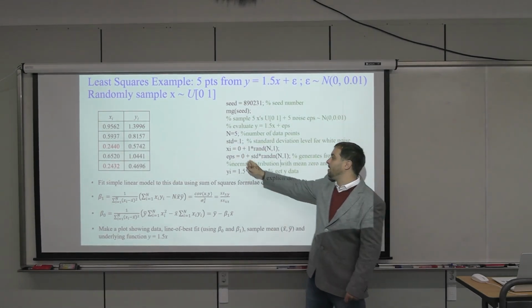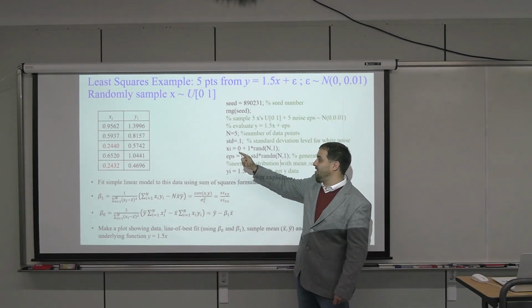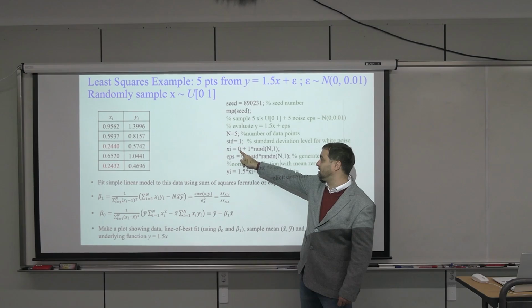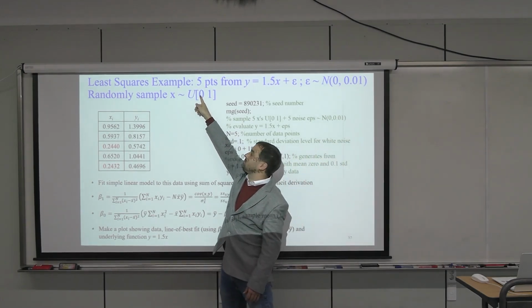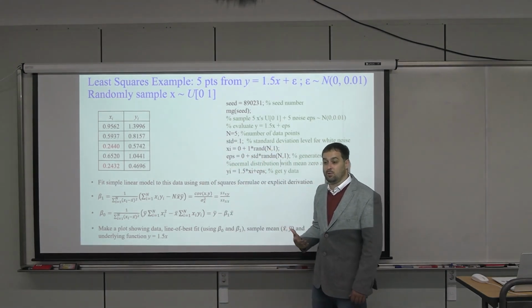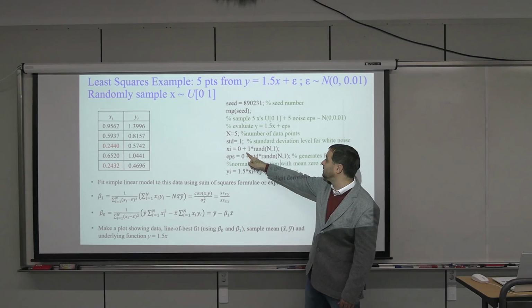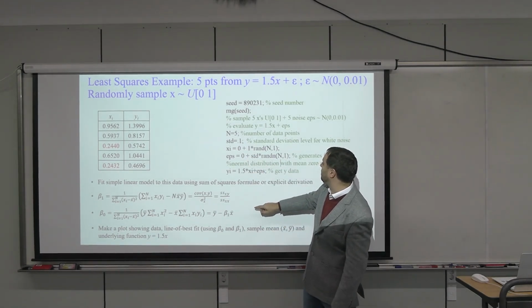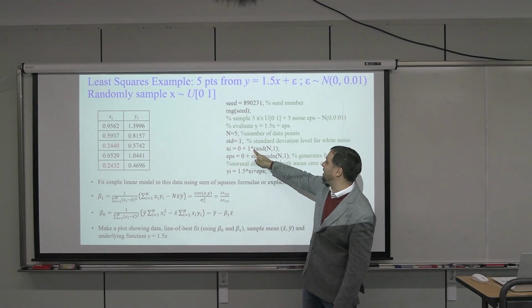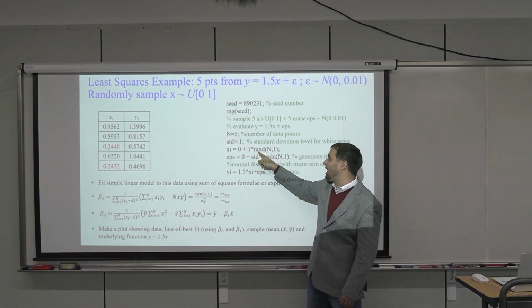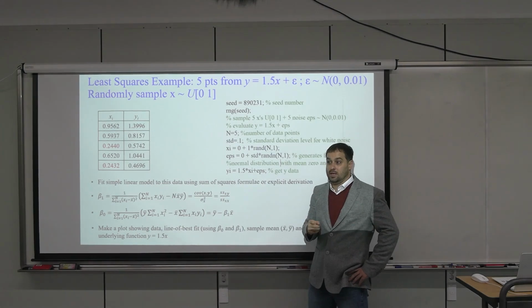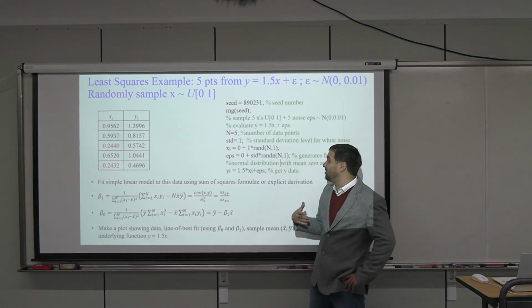And so I need my 5 xi data points. I'm setting xi equals 0 plus 1 times rand, corresponding to uniformly sampling between 0 and 1. Remember, R-A-N-D, rand is the command in MATLAB that uniformly samples between 0 and 1.